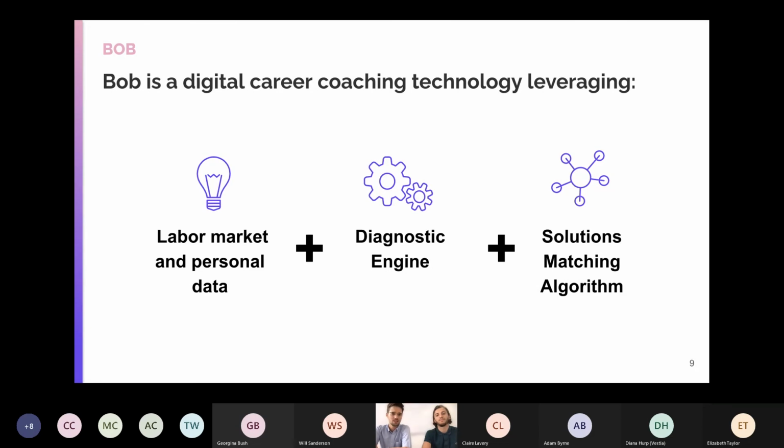Then analyze it through a diagnostic engine that would be able to render a personalized assessment of the job seeker situation, and leverage this diagnostic to match the job seekers with solutions, resources that will help them move forward in their job search and increase their employability and ultimately employment outcomes.